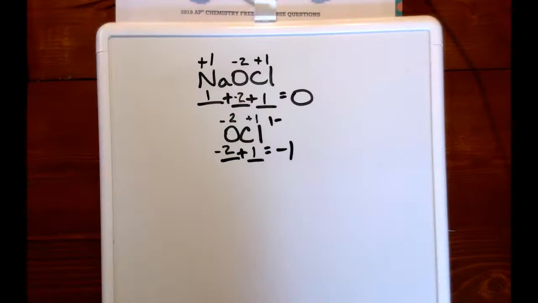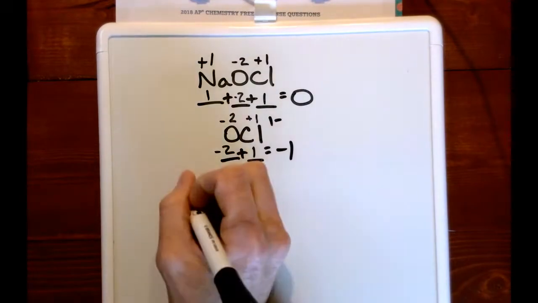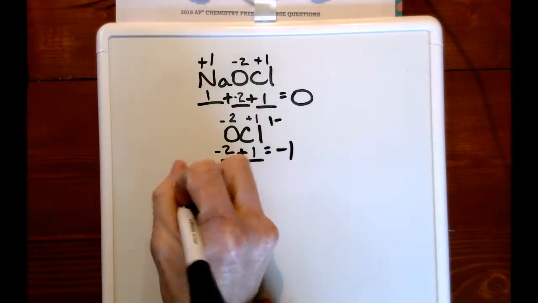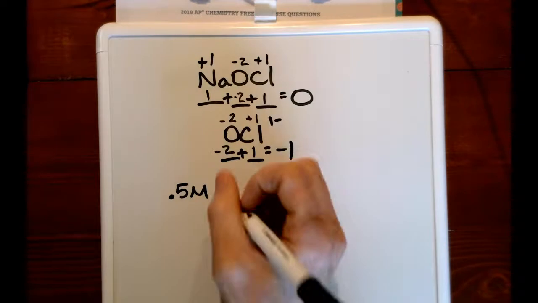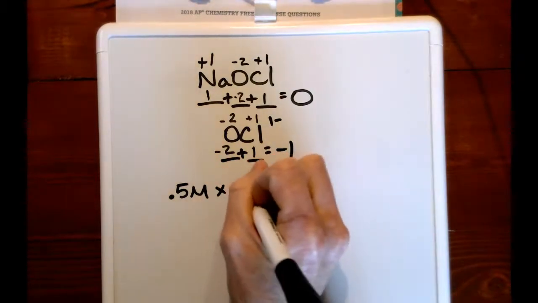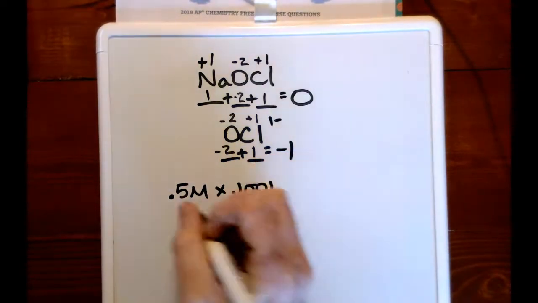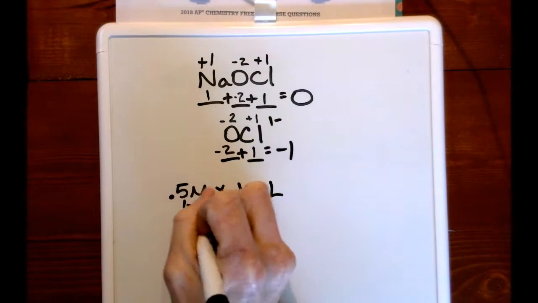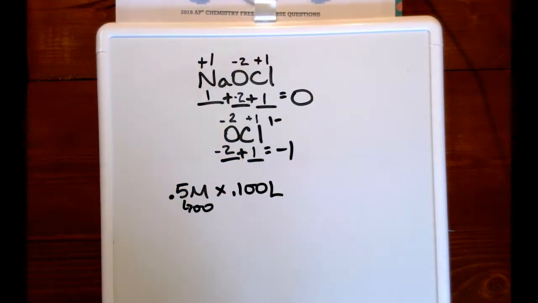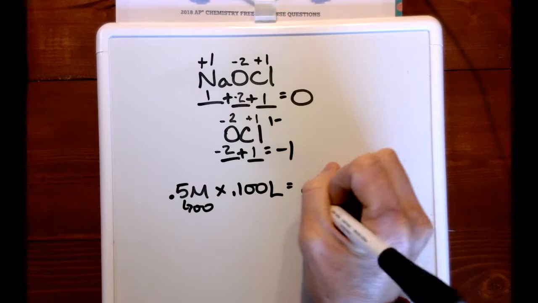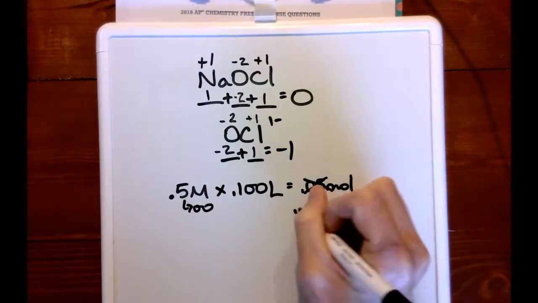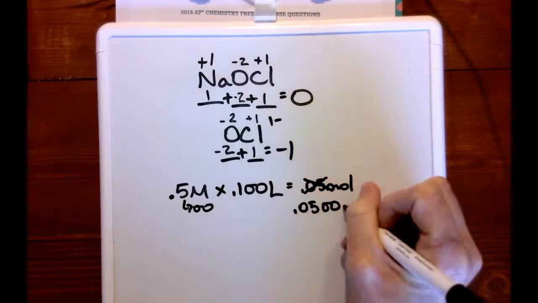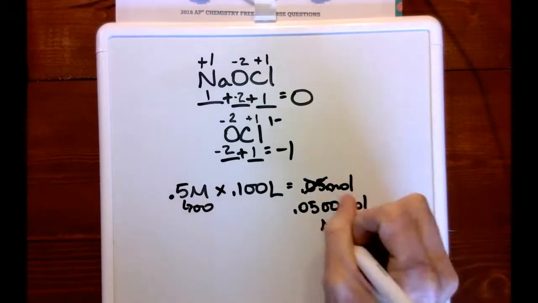So it was 0.5 molar sodium thiosulfate, and it was 100 milliliters. Let me add a couple more zeros there, just for the 3 sig figs we're paying attention to. And so 0.0500 moles of sodium thiosulfate.